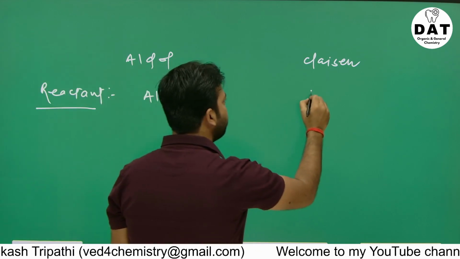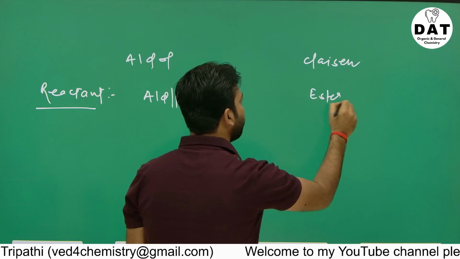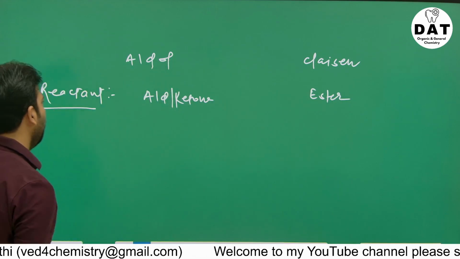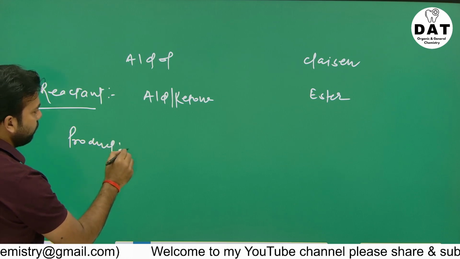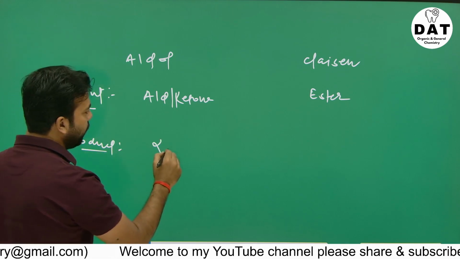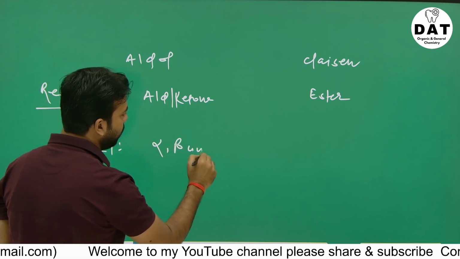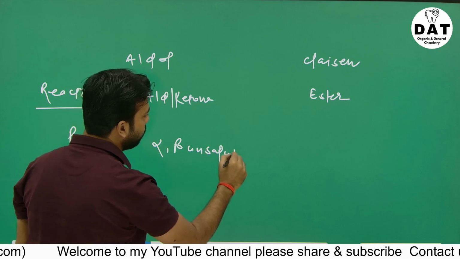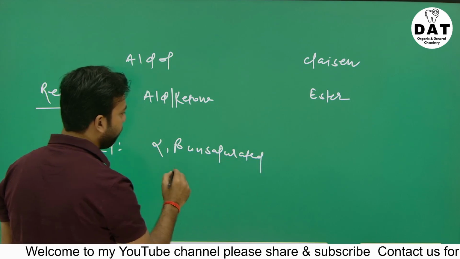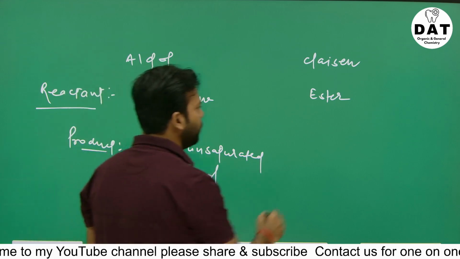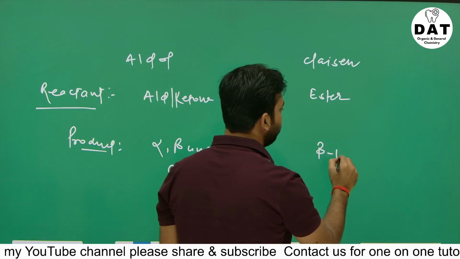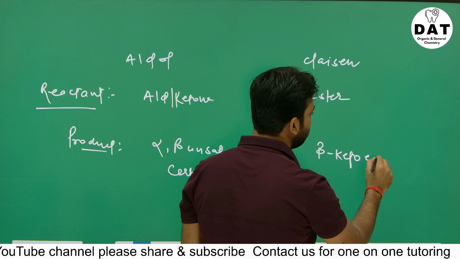And here we have ester. And what should be the product? Here alpha beta unsaturated carbonyl. And here you have beta keto ester.